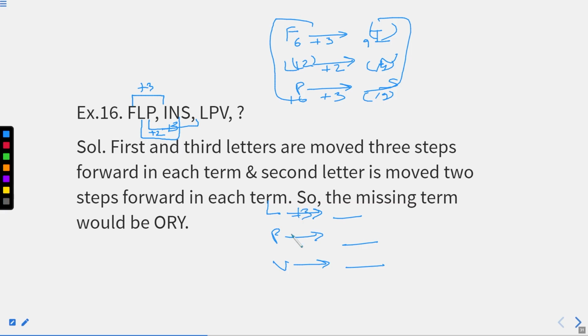If we add plus 3, plus 2 and plus 3 as above, we are able to find L having a place value of 12 plus 3 comes out to be 15, which comes out to be O. P, if we add 2 in that, we get 18, we are getting R. V, we know the place value of V, that is 22. If we are adding something in that, we are getting Y. I hope you are getting this, right? Now we'll move to the next question. So ORY is our answer here.